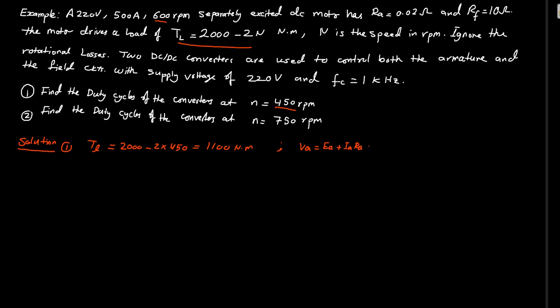So from here, we can calculate EA, which will equal 220 minus 500 multiplied by 0.02. If we do the math, this is 210 volt. Here I'm calculating this at rated condition.